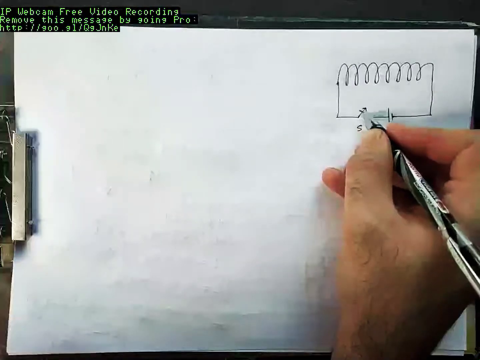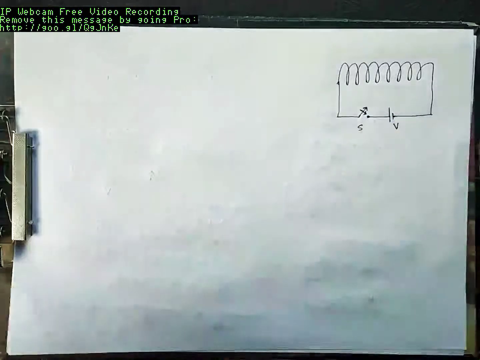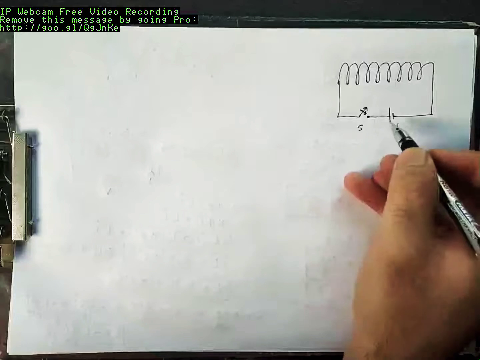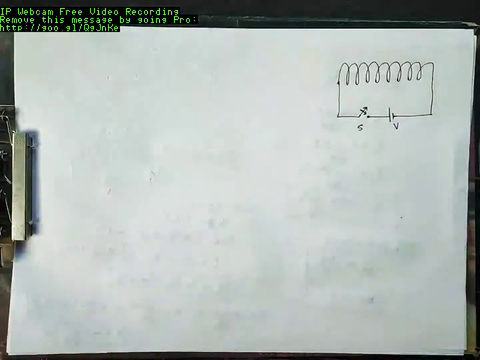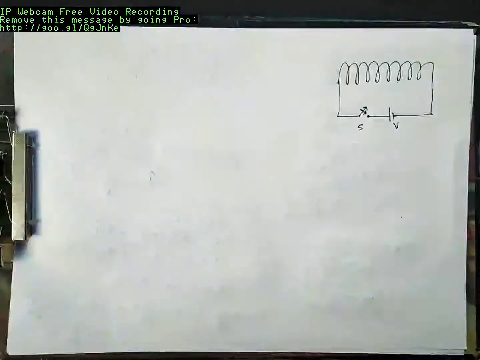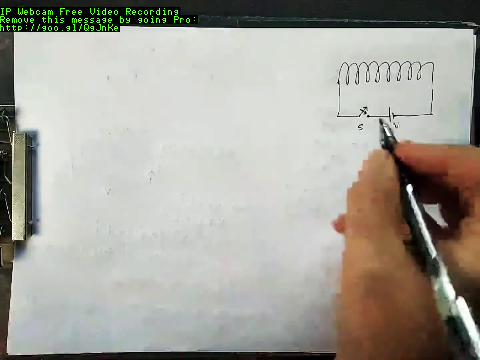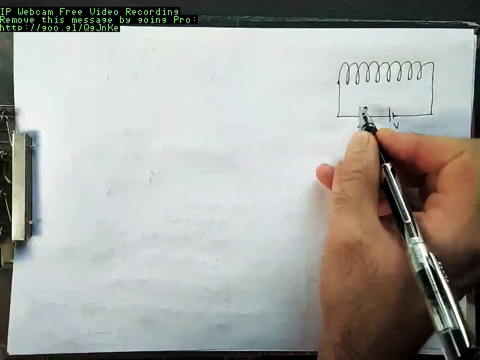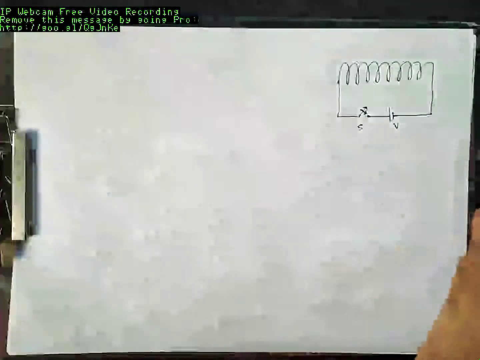Now suppose you are closing the switch. What was current initially here? 0. Now when you close the switch, this current will start to increase. Initially current is 0 and it will gradually begin to increase. When you close the switch, current will begin to increase, and then it will reach a particular constant value.